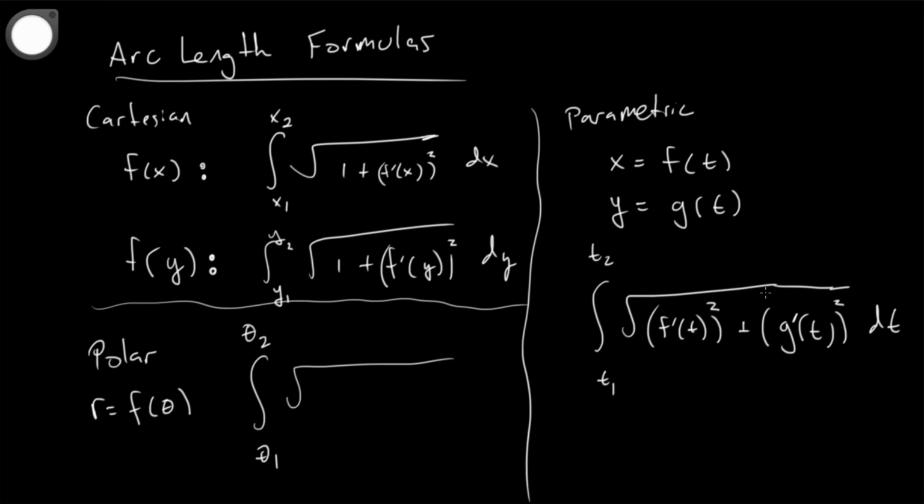There's not all derivatives, but the actual function that you're given, and I can even write it like this: f of theta, the function that you're given, quantity squared, don't forget the square, plus the derivative of that function, quantity squared, d theta. Here are your arc length formulas. I could have been a little bit more creative with color, but I did not, and I apologize.